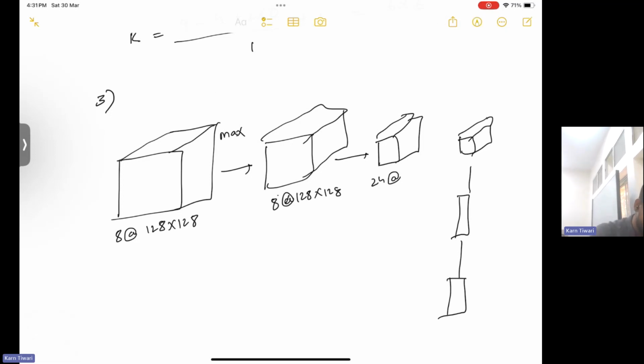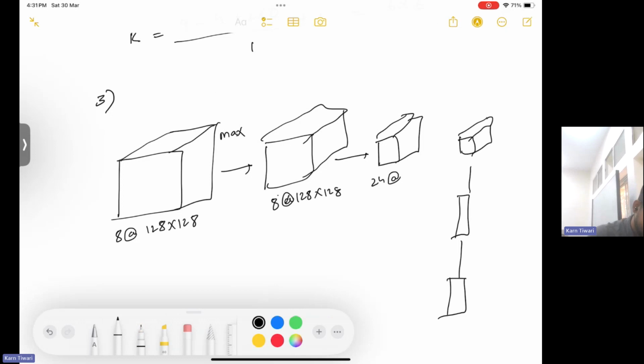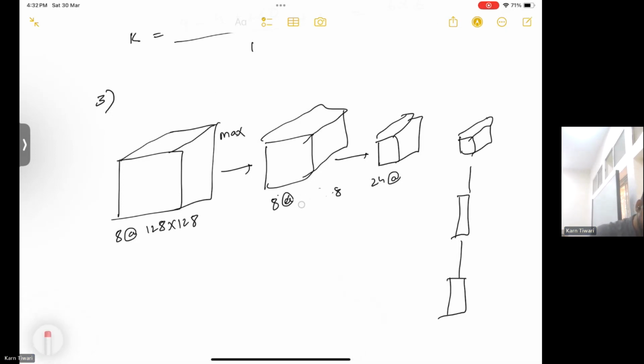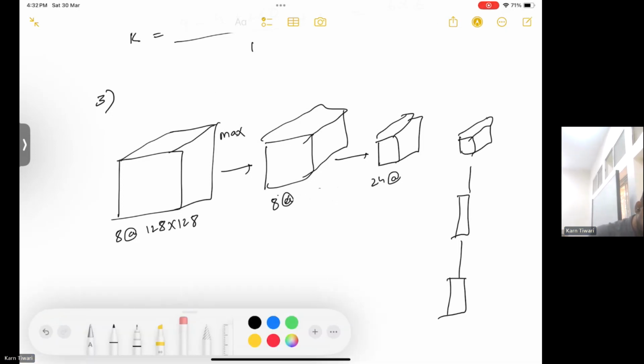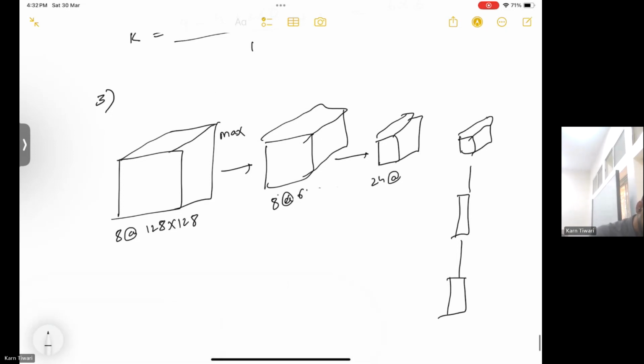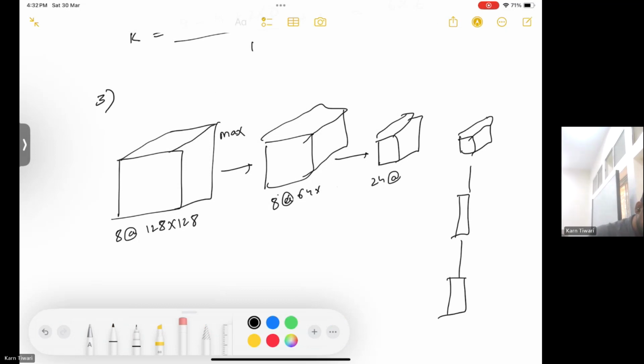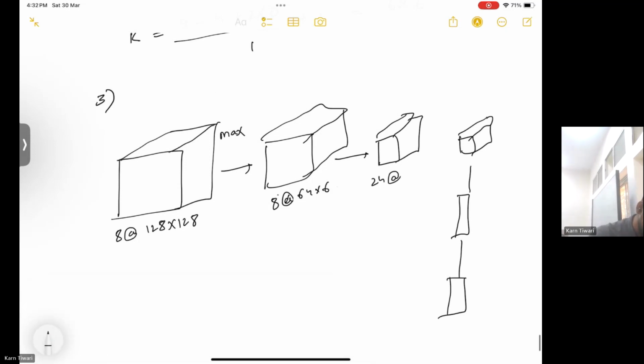After convolution, the size is 48 cross 48.